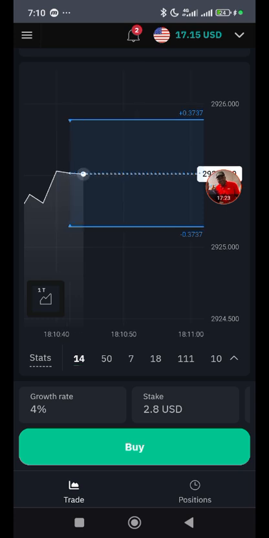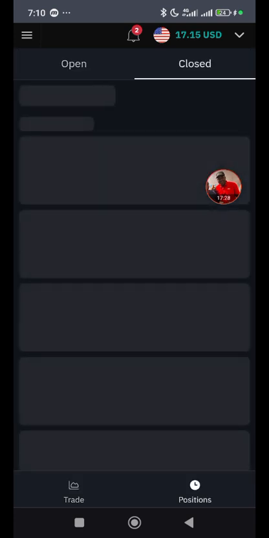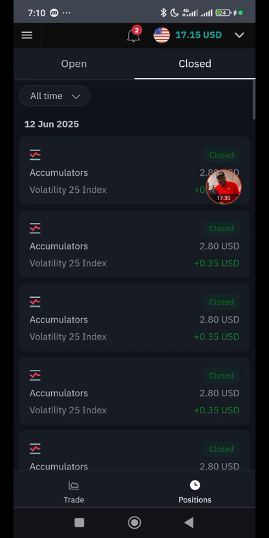You are trading within seconds, and you can see all the trades I've done with accumulator. So imagine I've used 2.8, I can't really recollect because I started from $12. So now I'm at 70.